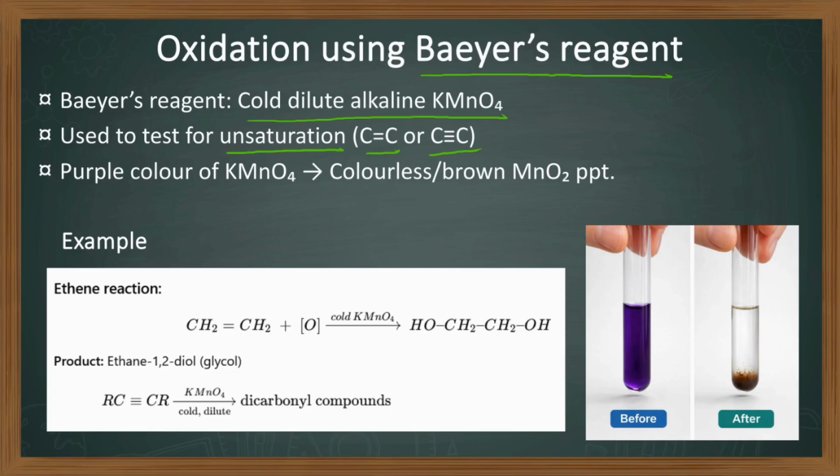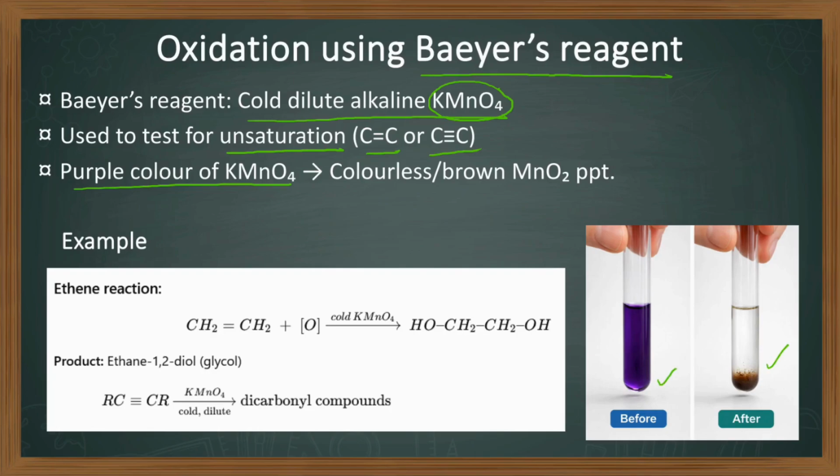So what happens exactly here? The reagent contains KMnO4, and the solution will obviously be purple in color. Then we add this purple colored potassium permanganate to the given compound. If decolorization happens, you can see in the photographs, this is before the addition of our compound and this is after.